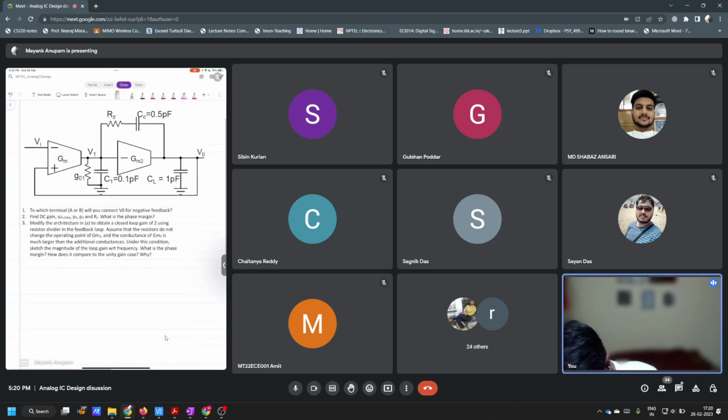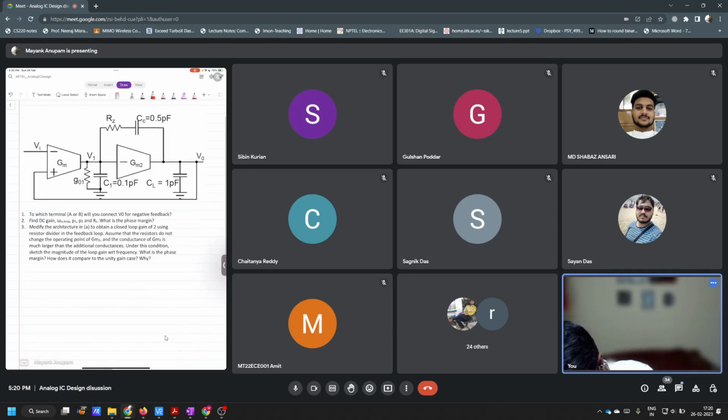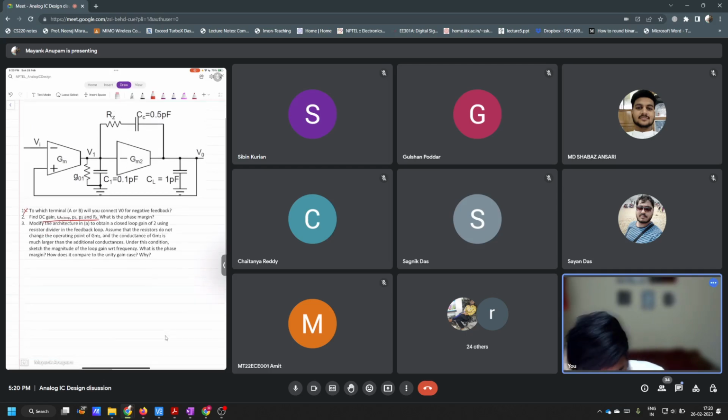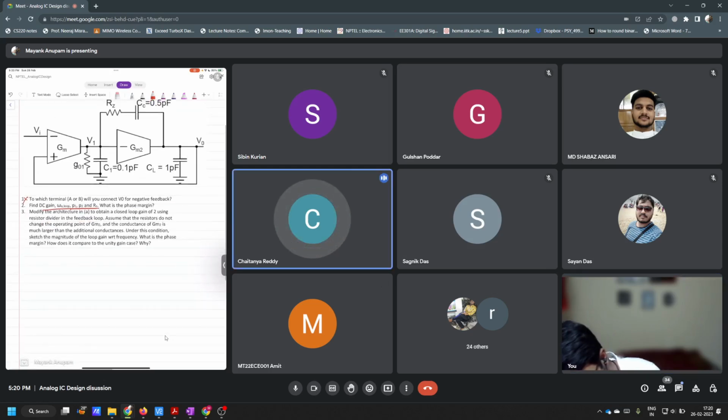Okay, so second question, this part was not useful, let's remove it. Second question: find the DC gain, omega U loop, P1, P2 and RZ. What is the phase margin? So tell me the expressions of the DC gain, omega U loop, P1, P2 and RZ. So what is the DC gain? GM1, GM2 by GO1, GO2.